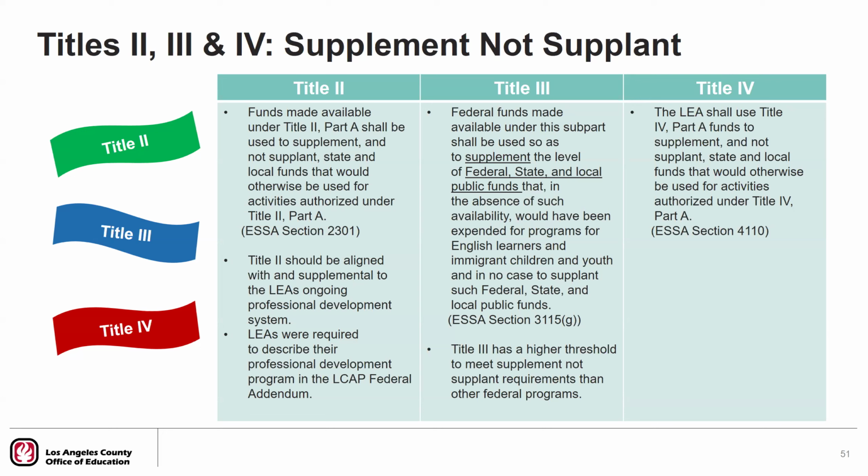Essentially, the supplanting analysis simply asks what would have happened in the absence of federal funds. If, in the absence of receiving any funding under a given federal program, the LEA would still have paid for it, such as textbooks or computers or salaries, then it would be a supplanting violation. You cannot use federal funds to pay for those expenditures. Federal funds are intended to provide something extra. Next slide.